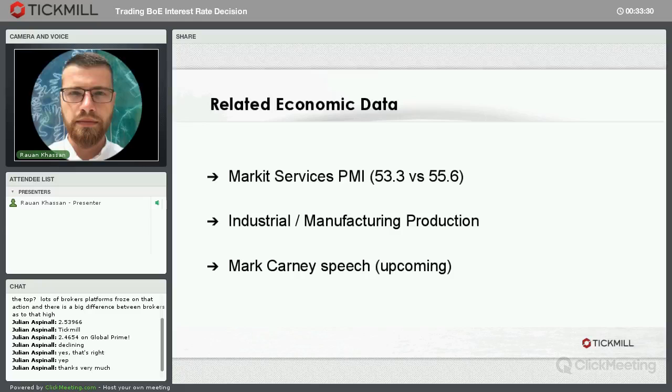And following are economic pieces on industrial production and manufacturing production, which are usually released before the Bank of England decision. And finally, tonight, later in the American session, we are going to have Mark Carney speaking, and it could be an important event for British pound traders as well.